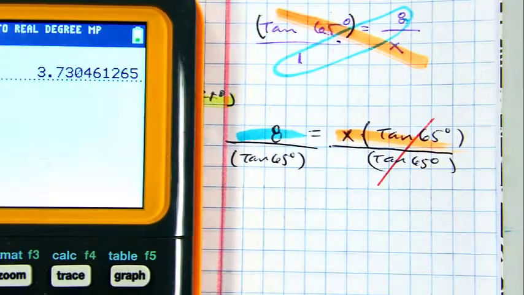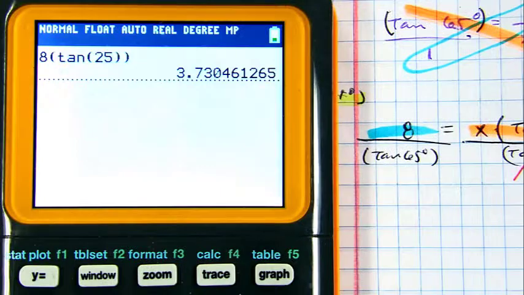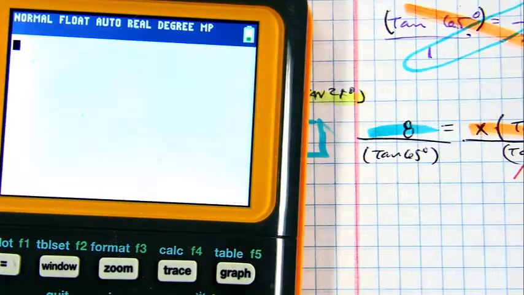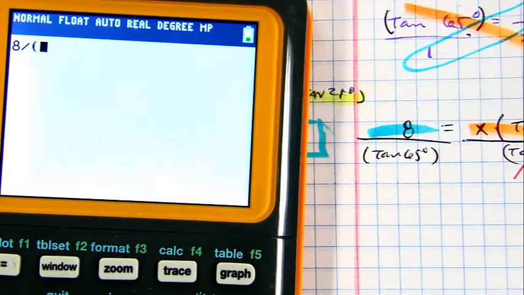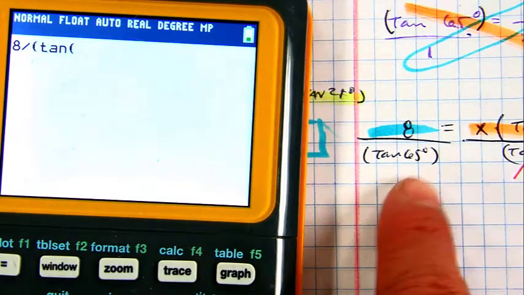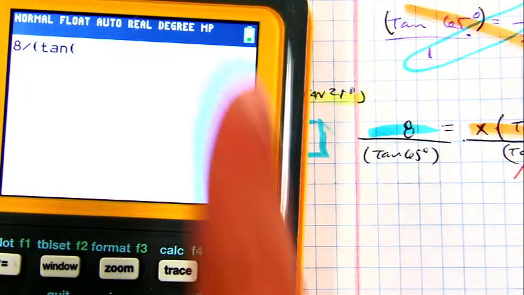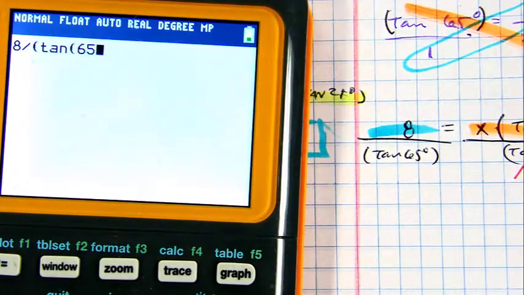Let me show you guys a trick. Well, we don't need a trick. Come on. 8 divided. Make sure you use extra set of parentheses. So the trig ratio, and then its angle measured in degrees, which I have. Close your parentheses and press enter.